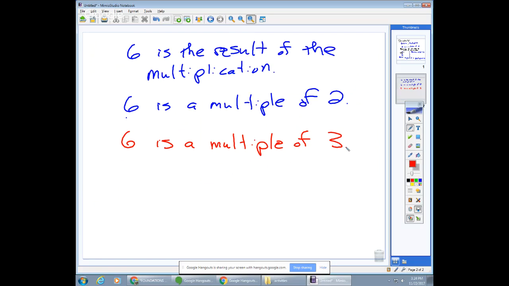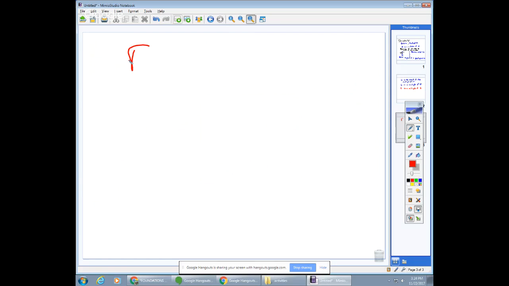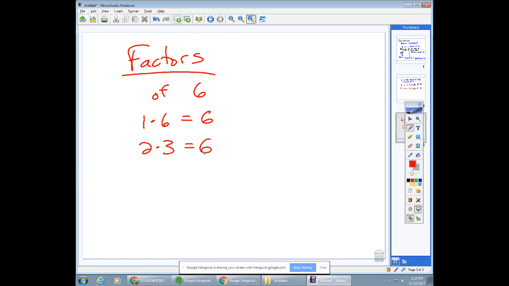Let's switch back to factors for a minute. If we're talking about the factors of a number, like the factors of 6, they're anything that's used in a multiplication that led to 6. So 1 times 6 is 6. 2 times 3 is 6.